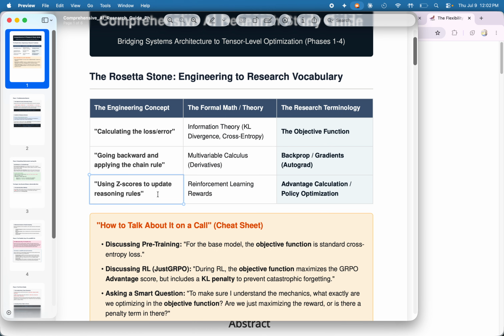Then we use the Z-score to update the reasoning rules. During RL, with the GRPO technique, you will understand this in more depth later when we go through the flow. For now, just understand this.